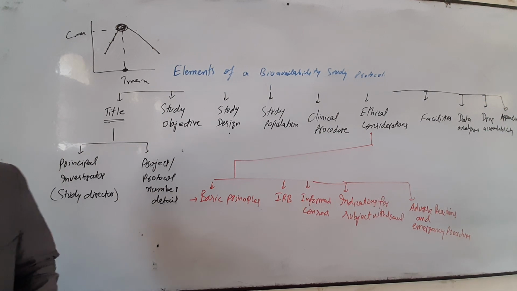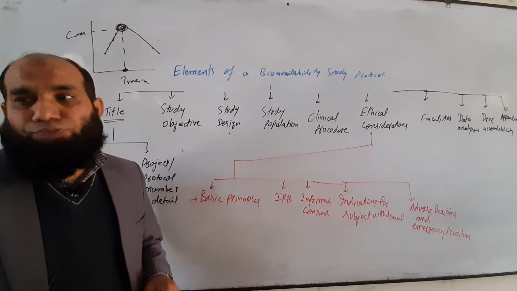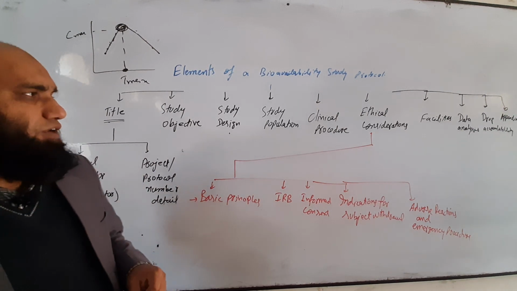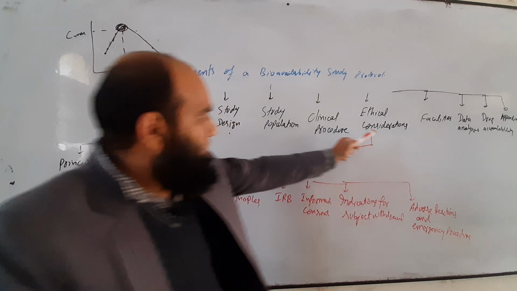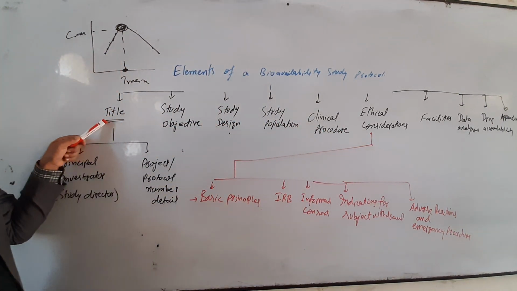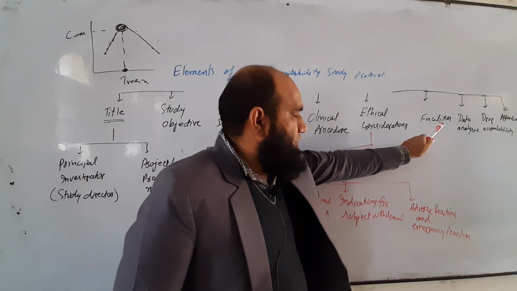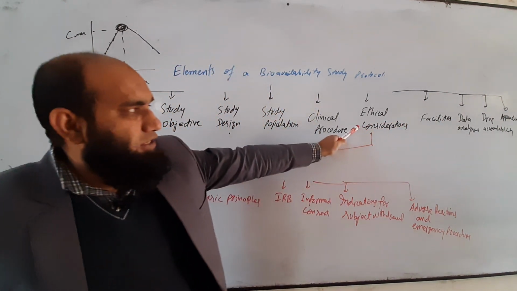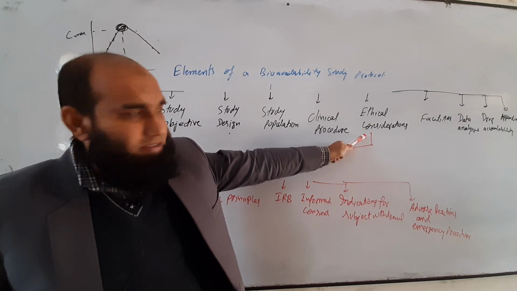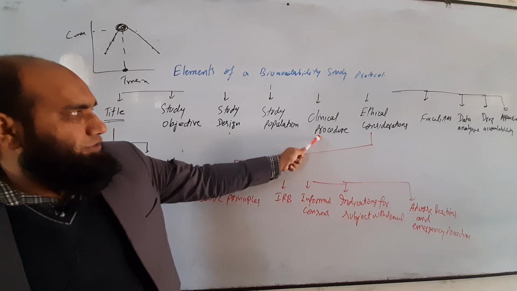Next is facilities. In case of facilities, there should be a confirmation of all these. When we are discussing facilities, it means they have the complete concept of the ethical considerations and the complete knowledge of the clinical procedure.